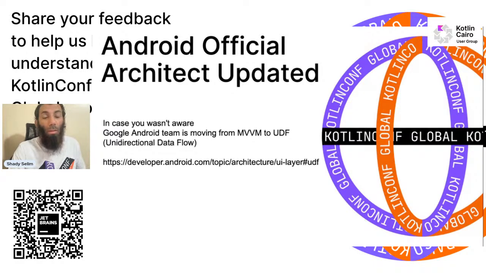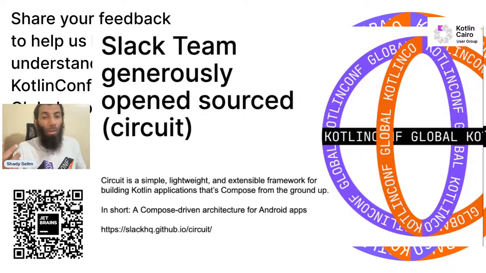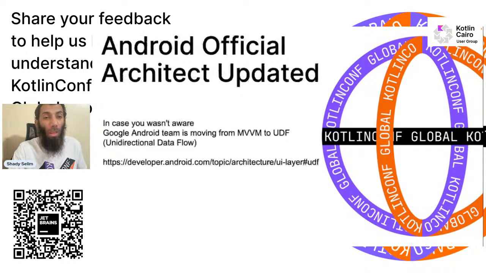Android's official architecture has also been updated. By the way, Circuit is based on UDF architecture, which is unidirectional data flow. And this is what you can now find in the official statements at developer.android.com, in their architecture guide, where they describe using UDF in the UI layer as our new architecture pattern.